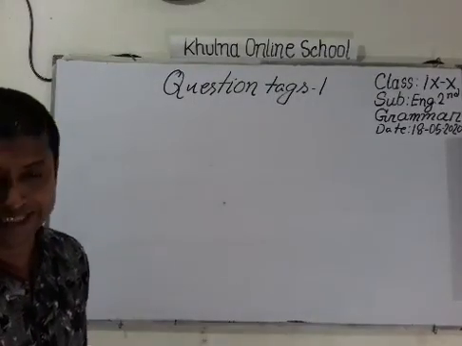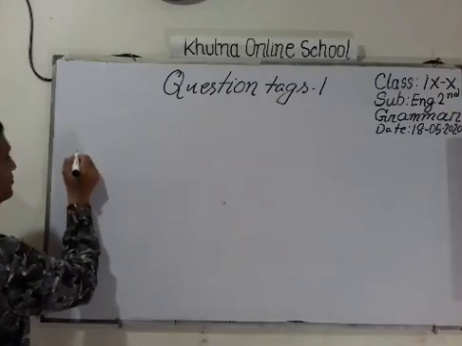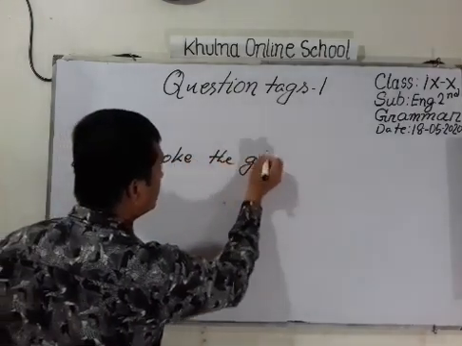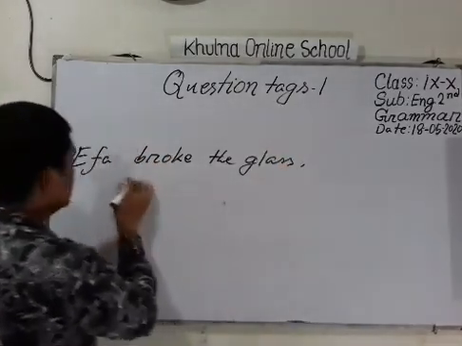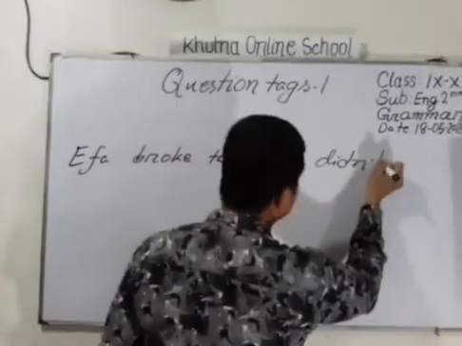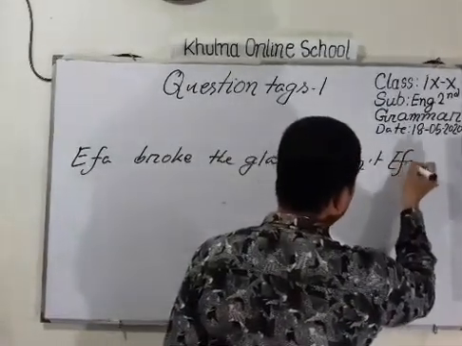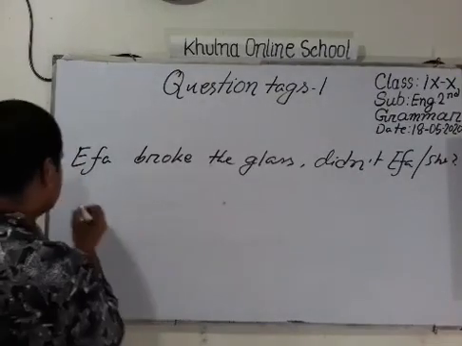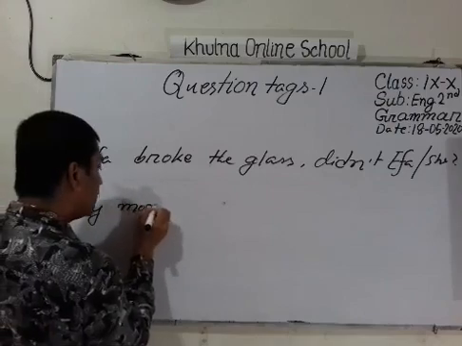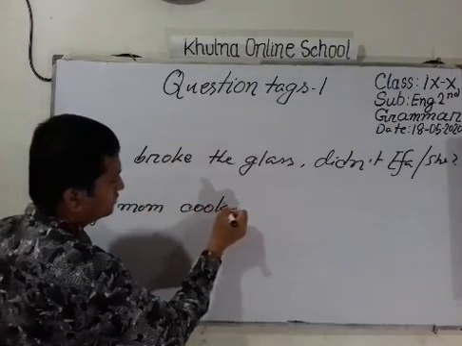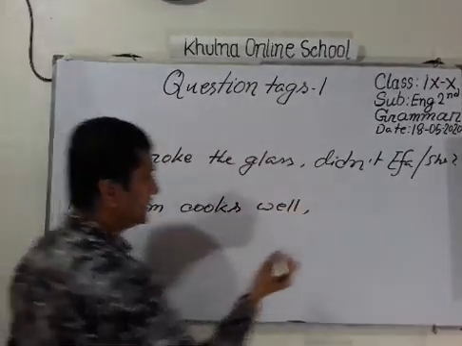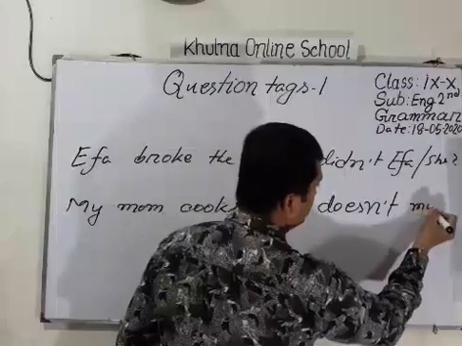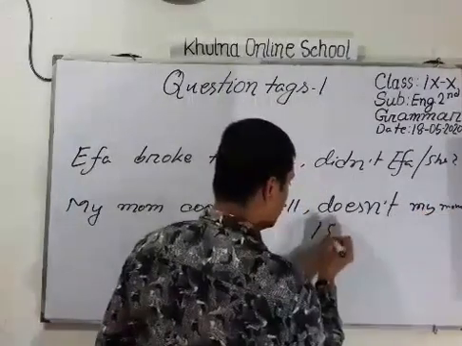This time I am writing here two more sentences. If I broke the glass, didn't, what would be here? I or she. Another sentence. My mom cooks well, doesn't my mom or she.